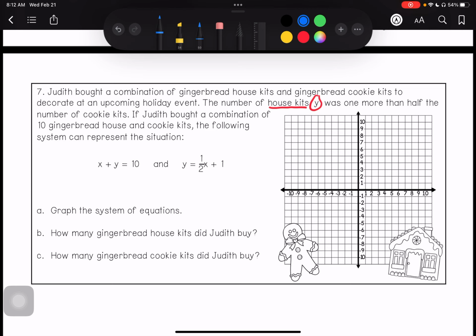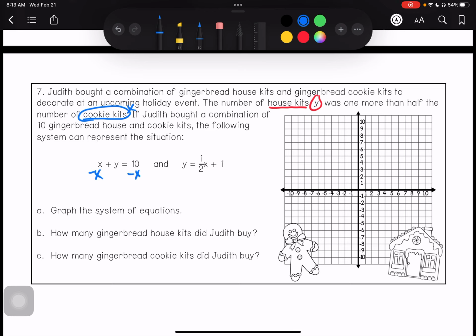Which of the following systems of equations represents this situation? If house kits is Y, that means cookie kits must be X. So we want to graph both of these.